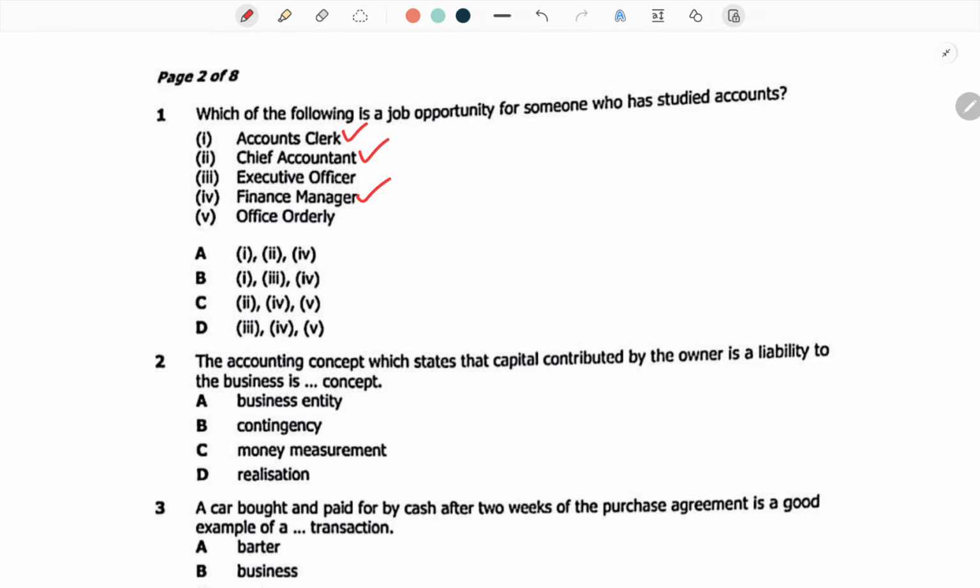An office orderly can't become an accountant, because office orderlies just work within the office and ensure that everything is done. So that is something you need to understand. Our answer is going to be A.